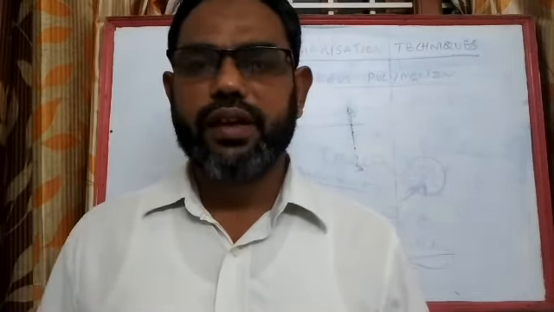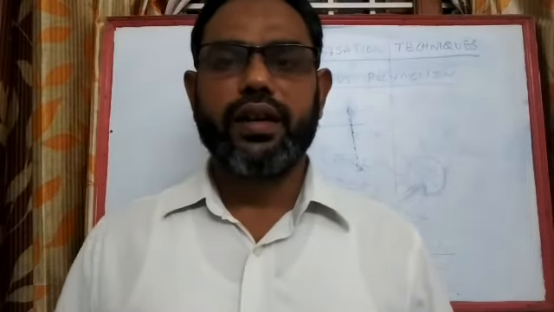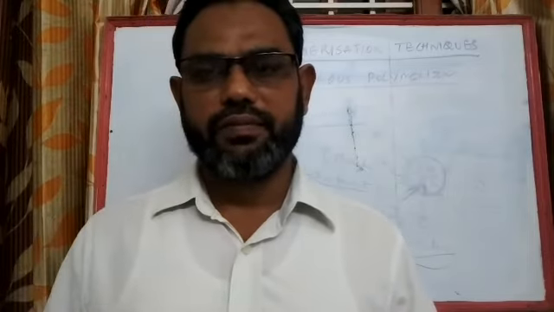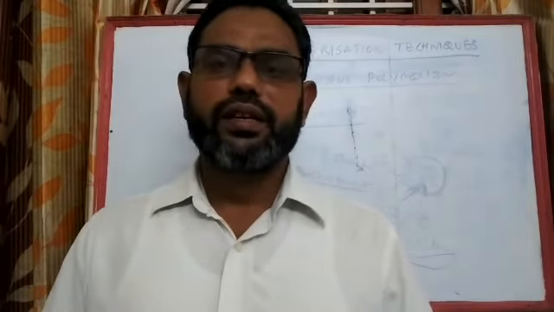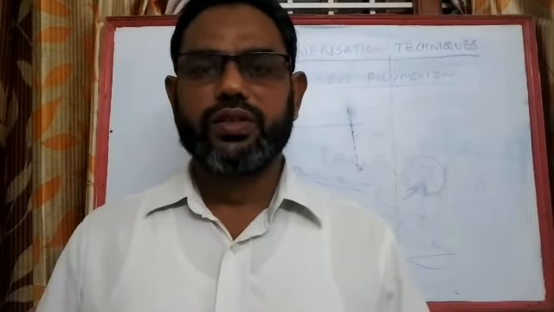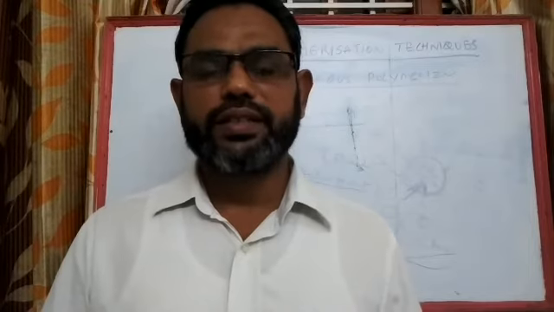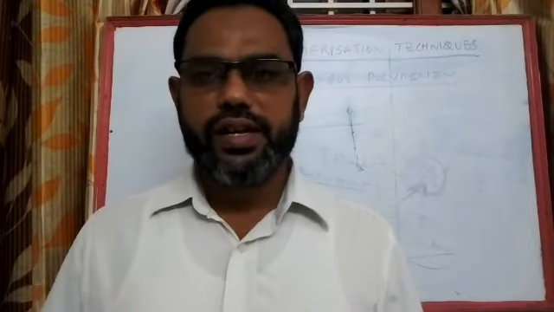So the next method we have seen is micelle or emulsion polymerization. In emulsion polymerization, the monomer is insoluble in the medium or solvent. The monomer is in an organic phase, the solvent is in an aqueous phase, and both are insoluble.